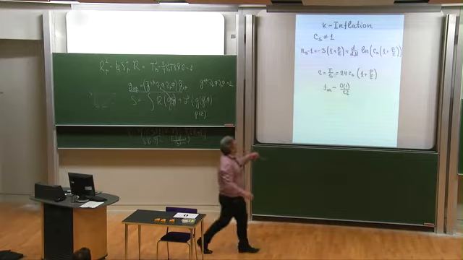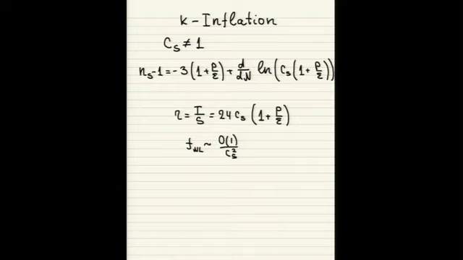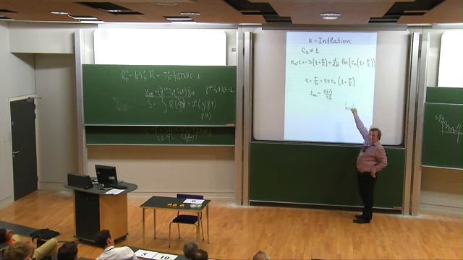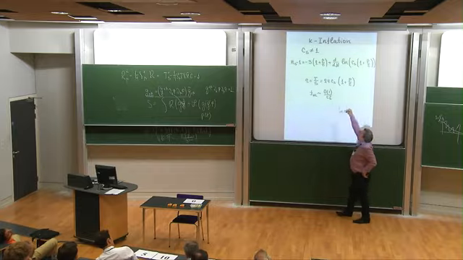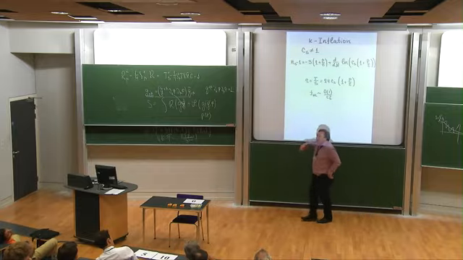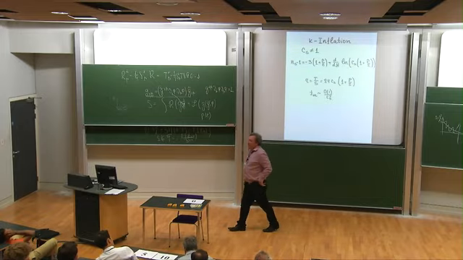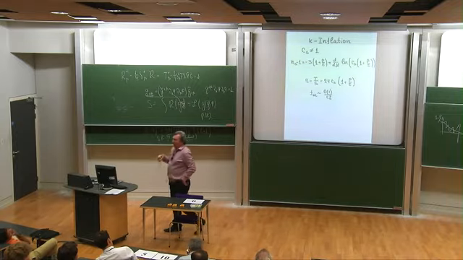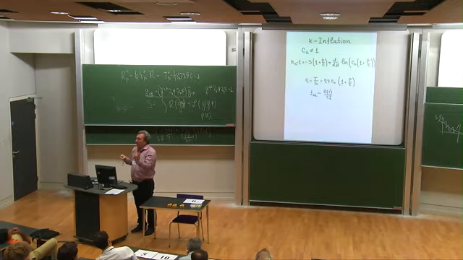Why? Because you could consider in principle as a free parameter what people call the speed of sound. It's in addition to the equation of state. In this case, the tensor to scalar ratio is suppressed by the speed of sound. But on the other side, you know that FNL is inversely proportional to the speed of sound, and from bounds on FNL follow bounds on the speed of sound.